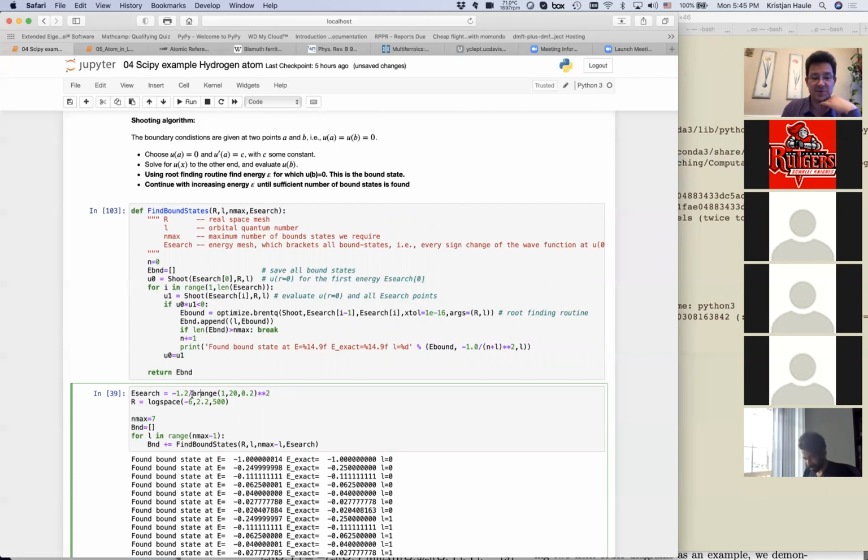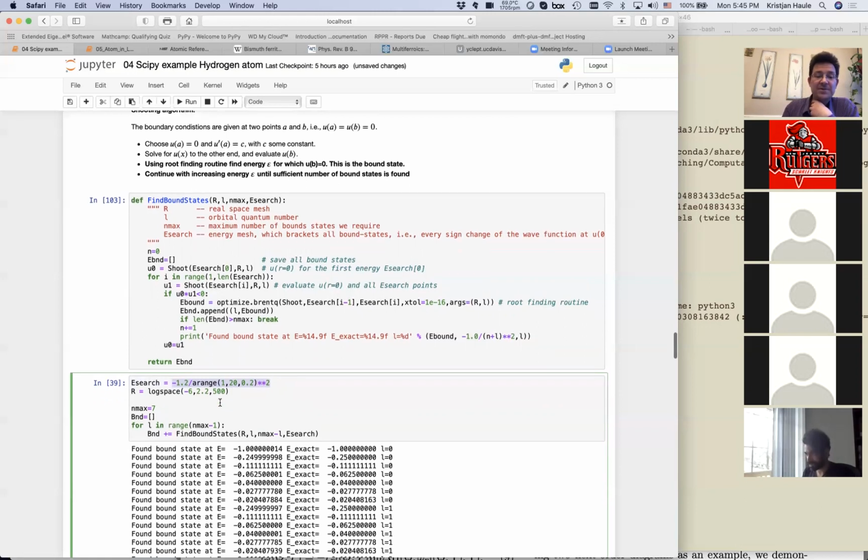We know that the exact solution has this 1 over n squared dependence for energies. Of course, we know the exact energies here, but we're not going to use this information, because when we have an interacting problem, the energies are going to be different, but qualitatively they're still going to be similar, in the sense that the spectrum will get slightly modified, but it's not going to be completely different.